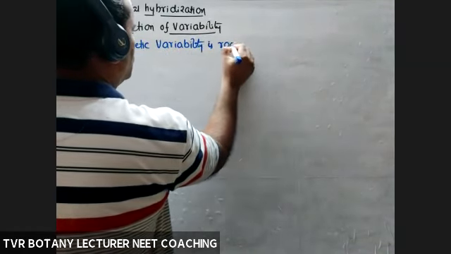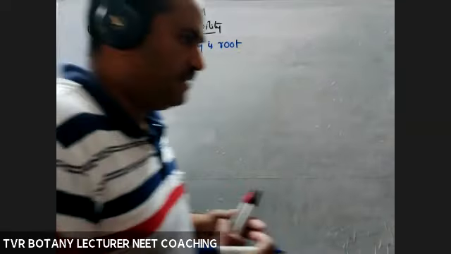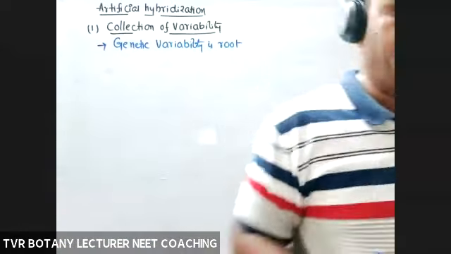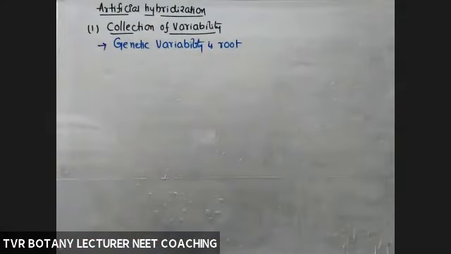Root means the main one. Okay, so genetic variability is the main cause for any plant breeding program. To produce a hybrid variety, definitely it depends on genetic makeup of that organism or concerned plant species.